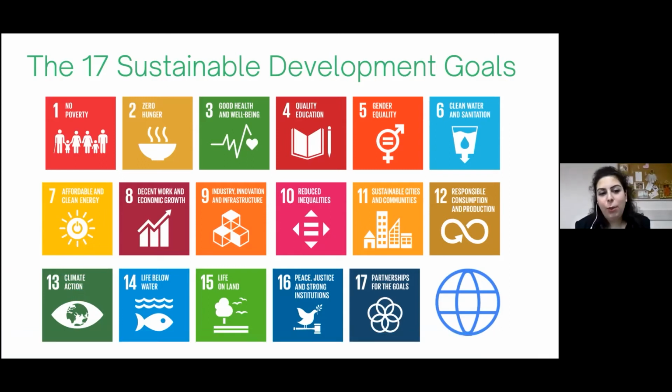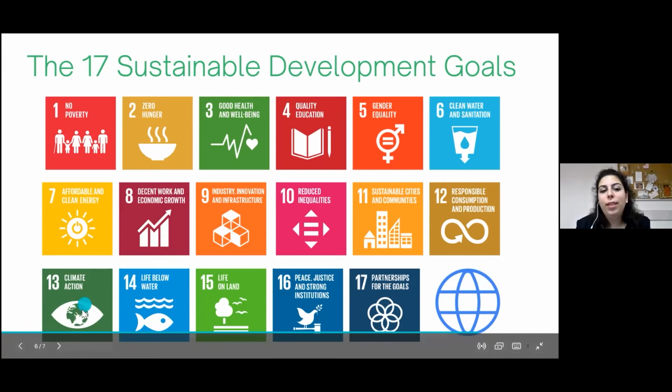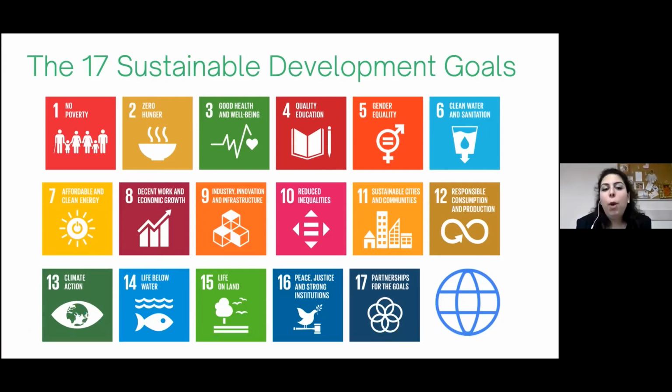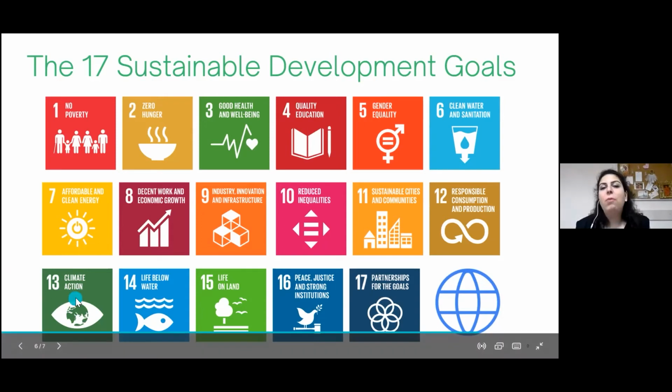I am not going to get very detailed about climate action, because this is probably the COP27, the most known one when we say sustainability, and you can think of a lot of subcategories of climate action.